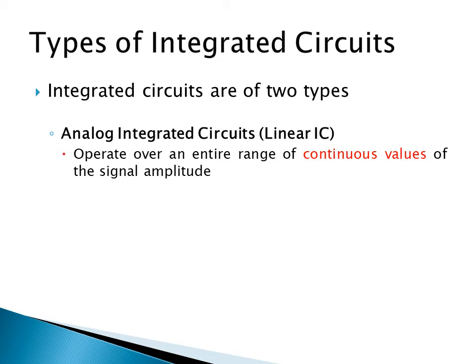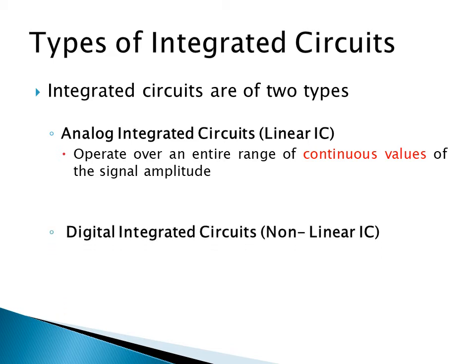Which means I can apply a sine wave, triangular wave or sawtooth wave as an input to this linear IC, because continuously changing values of input can be accepted by this analog IC. The other name for analog IC is what? Linear IC.